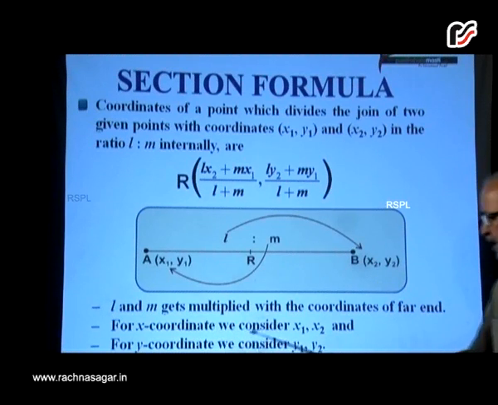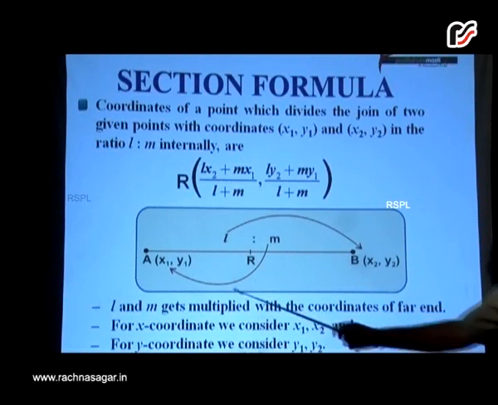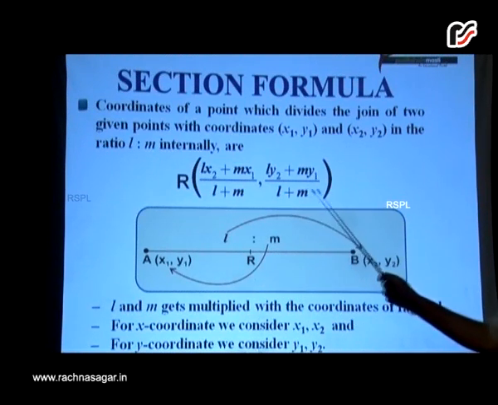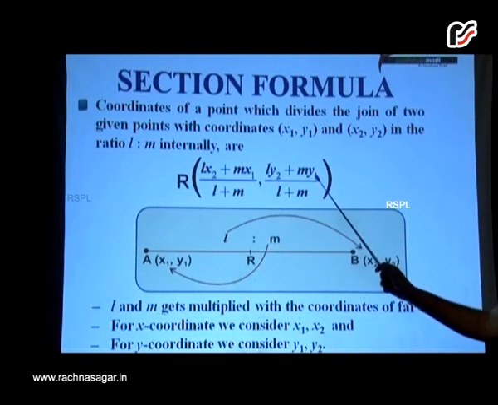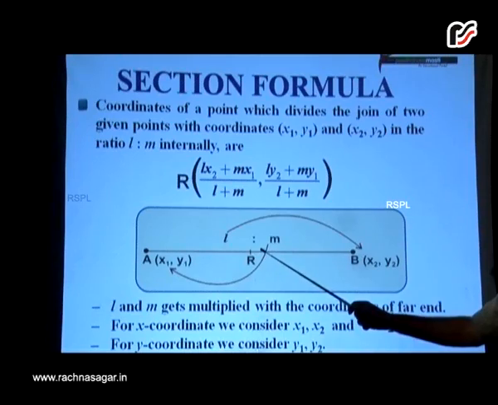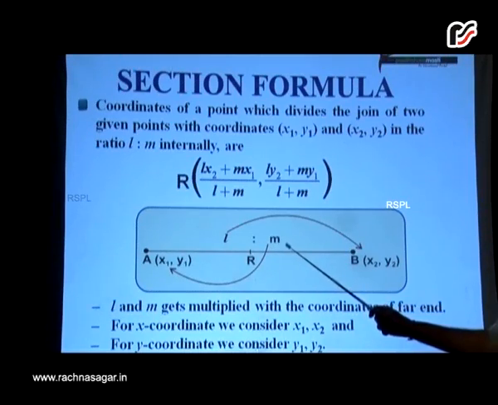And for the y coordinate we consider y1, y2: l y2 plus m y1 upon l plus m, which is written here. So these are the coordinates of the point of division in the ratio l:m internally.